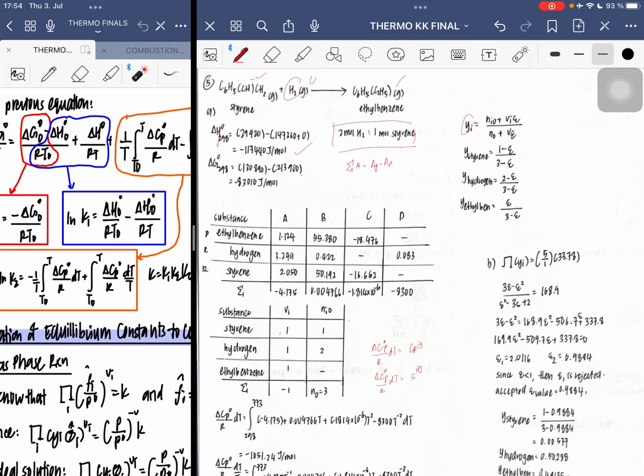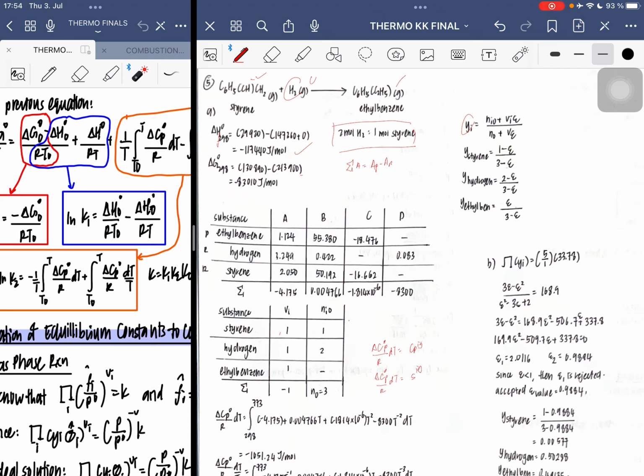And Ni naught, or the initial state, there's a difference between Ni naught and N naught, where Ni naught is your initial moles. So for styrene, there's 1, because there's 2 moles of hydrogen per 1 mole of styrene.